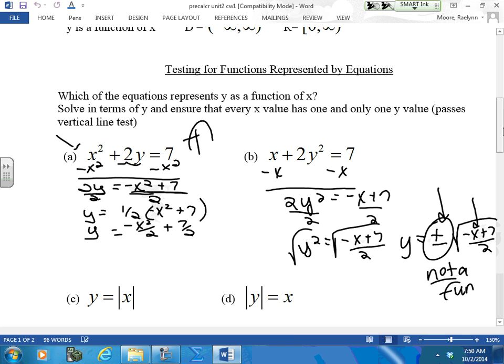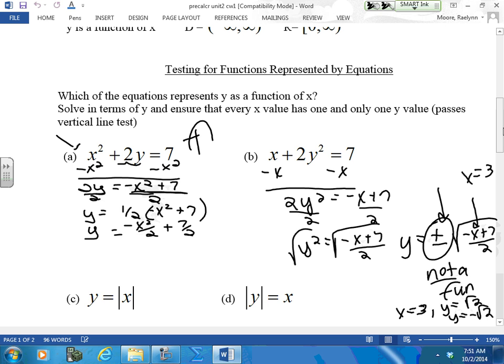So let's say I put in an x of 3. Let's just try it out. Negative 3 plus 7 is what? Positive 4. Positive 4 divided by 2 is 2. So for x equal to 3, I have a y of radical 2, and I have a y of negative radical 2.